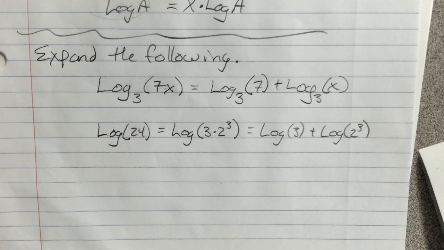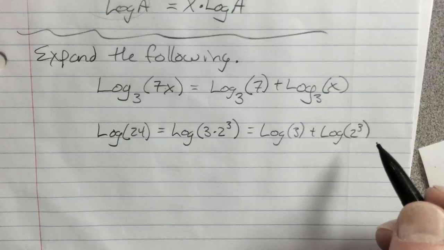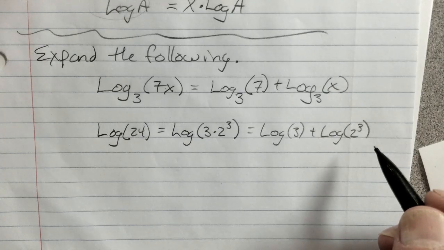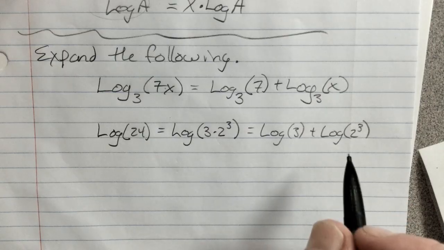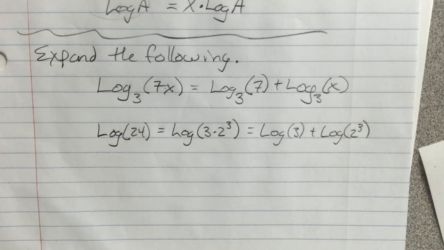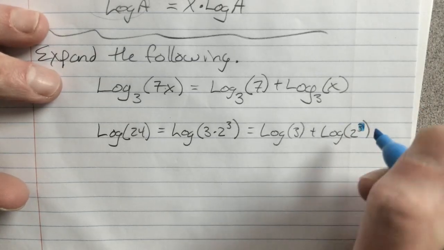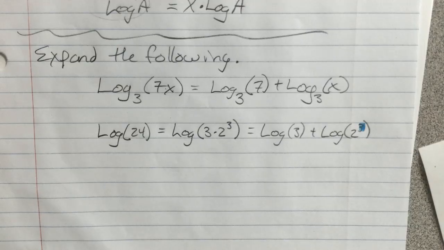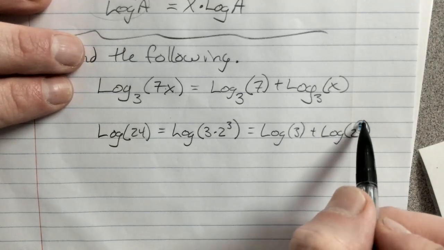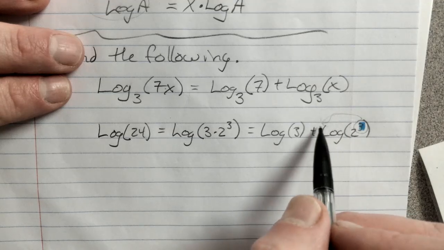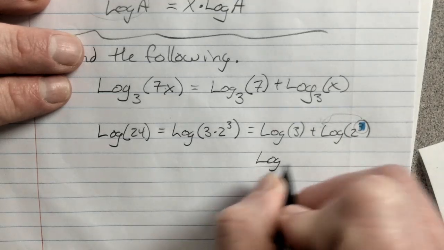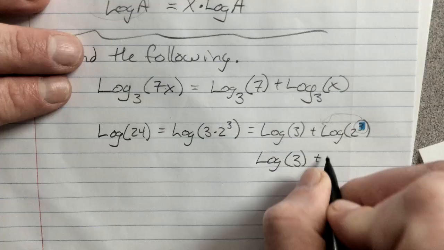Good. It's the third one. Yeah, that third property. Exponential. Yeah, that 3 is my exponent, the exponential property. Yeah, it has to come out front. Bye, Jaden. Thanks for letting me annoy you.